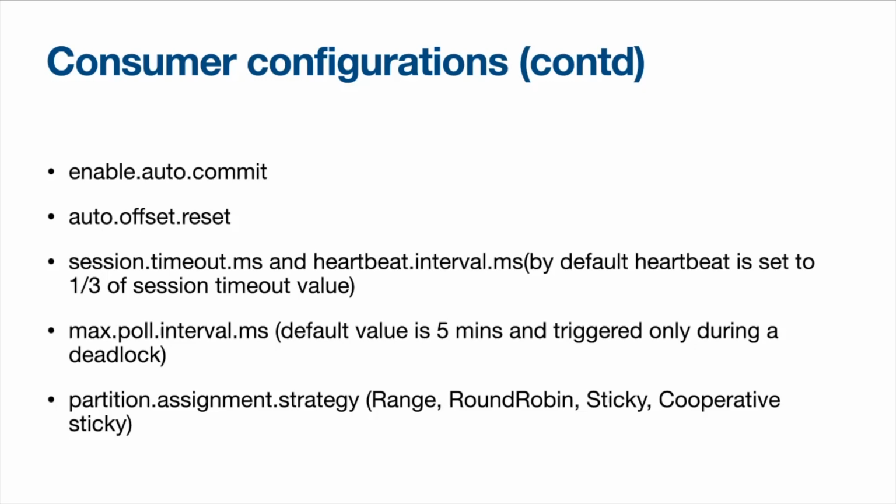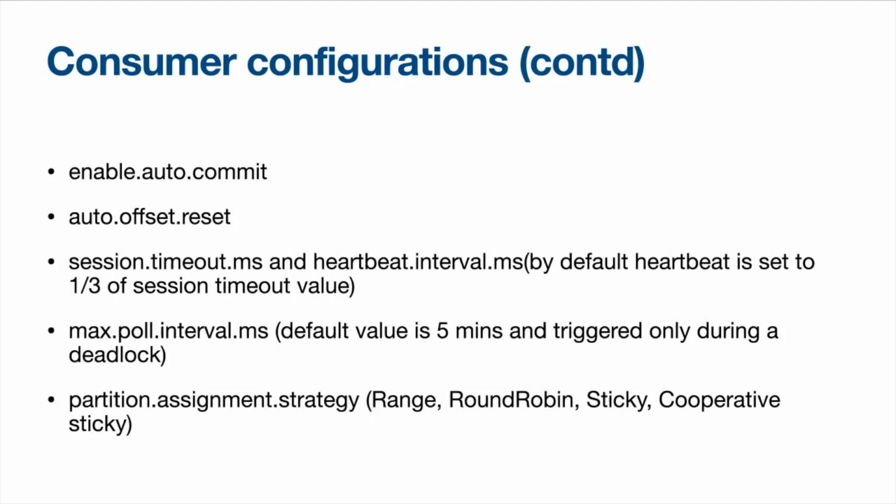So how do the group coordinator and your consumer interact? They interact by sending heartbeats at regular intervals. The heartbeat interval and session timeout interval are two properties that have to be set together. By default, the heartbeat is set to one third of the session timeout interval. So if you set your session timeout interval as 3 seconds, then your heartbeat interval should be set as 1 second.